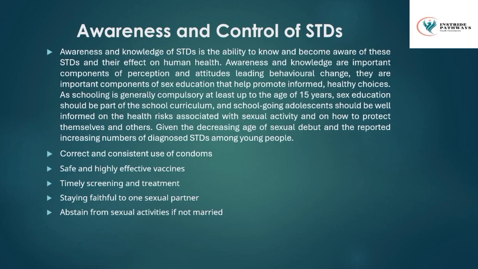So, as schooling is generally compulsory at least up to age 15, sex education should be part of the school curriculum, so that as adolescents are going to school, they get educated about sex and become aware of the health risks associated with sexual activities, especially risky sexual activities, and on how to protect themselves and others too.